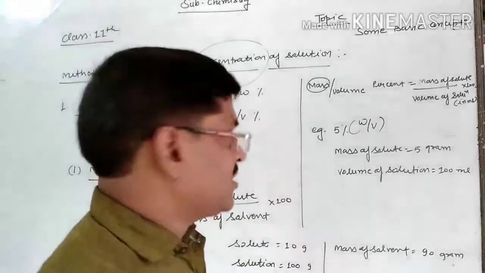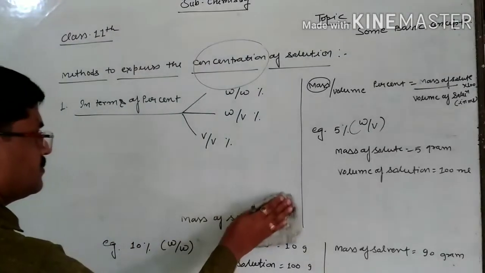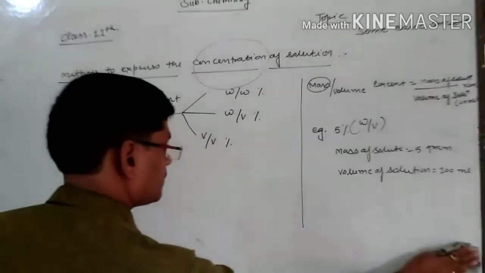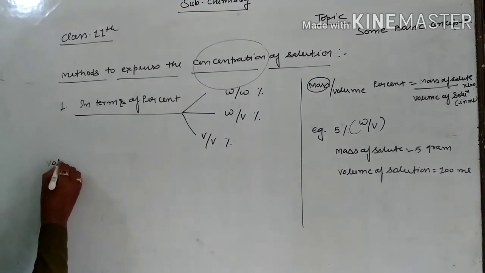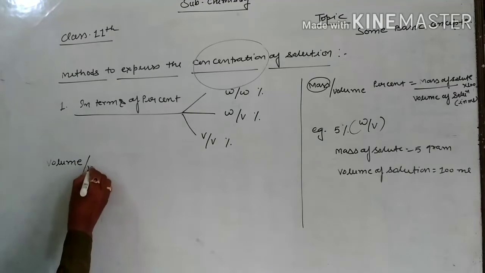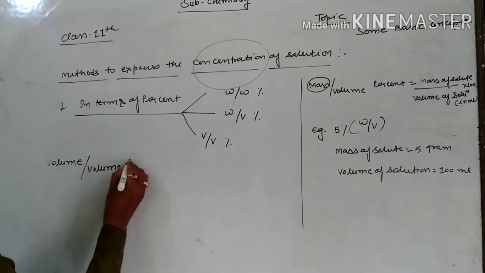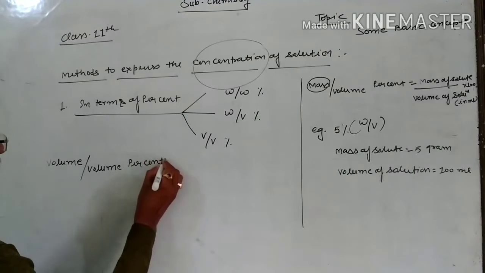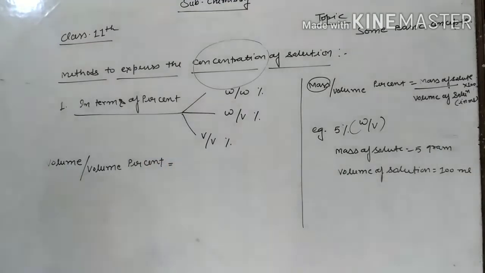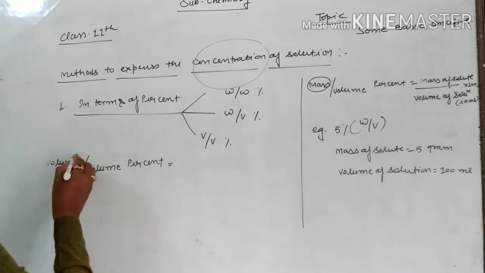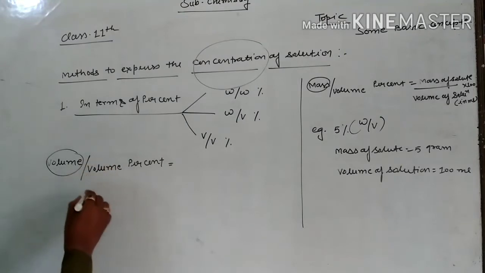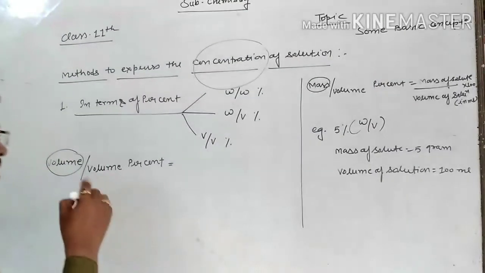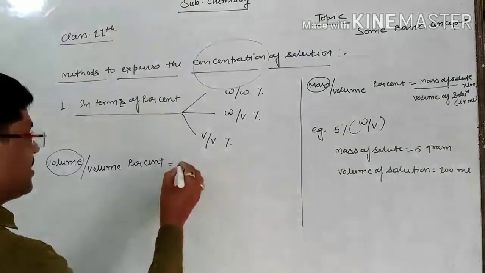After that, I have to discuss the third one. It means volume upon volume percent. What does it mean? It represents the volume of solute in ml present in 100 ml solution. So what will be the formula for this?